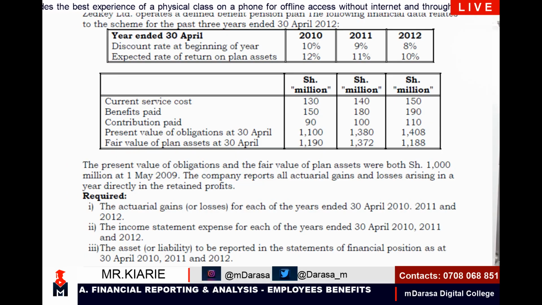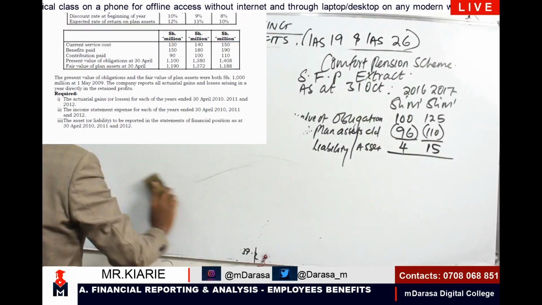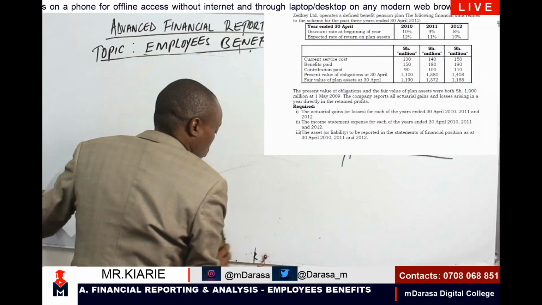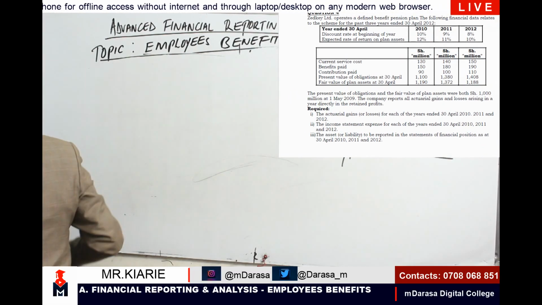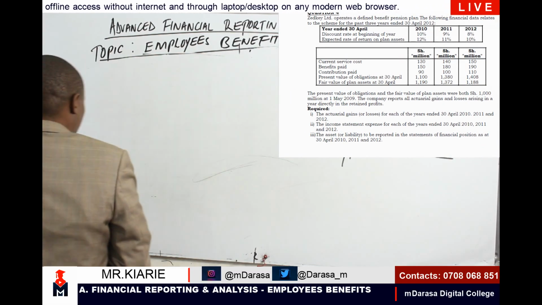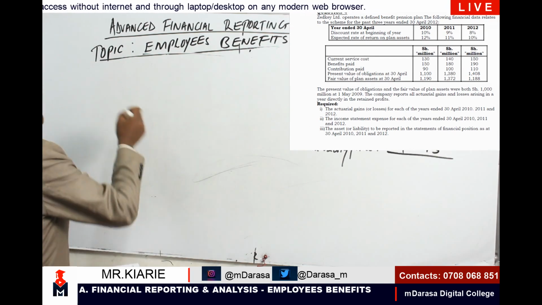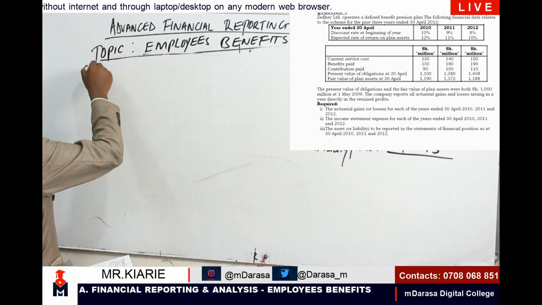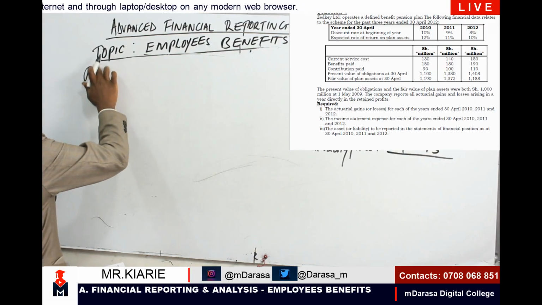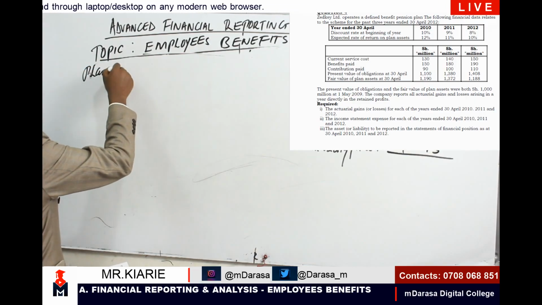So let's start with determination of actuarial gain/loss on pension assets. We are going to start with plan assets.